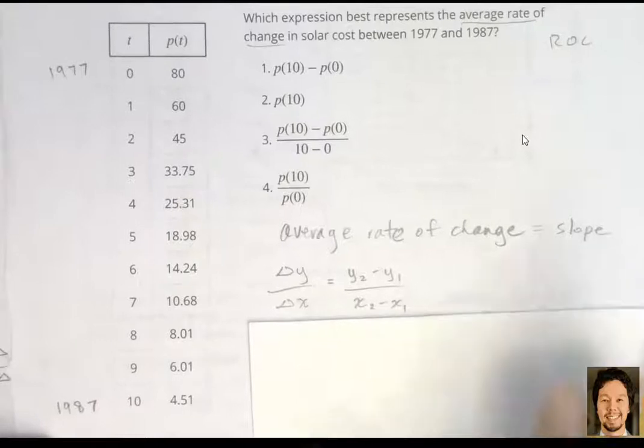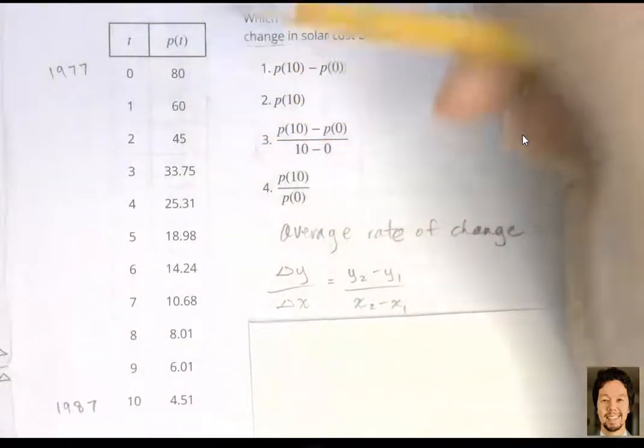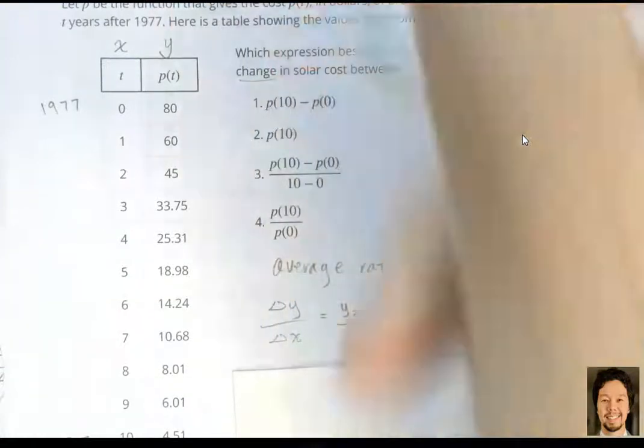So when we have these two columns of the table, the first column is your input, right? Think of your functions. We have your input, or your x, and P of T is your output, or your y.